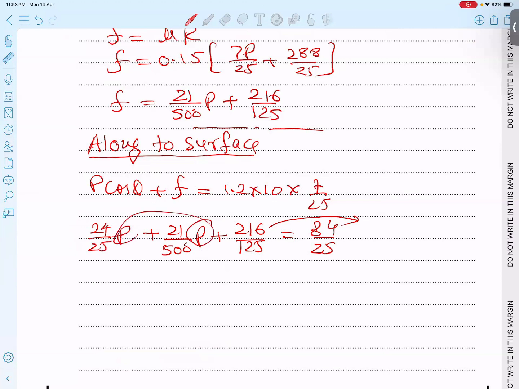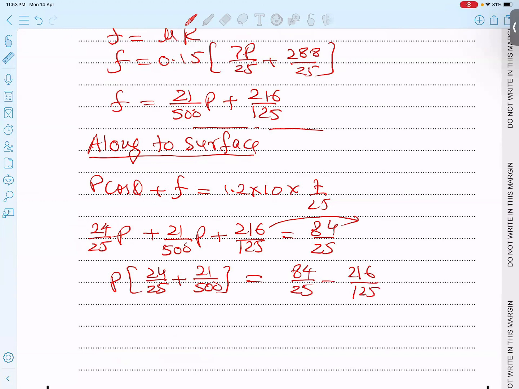When I take P common out, inside the bracket 24 over 25 plus 21 over 500 is equal to 84 over 25 minus 216 over 125. Now I will divide the fractions and I will get my answer. And let me check it.